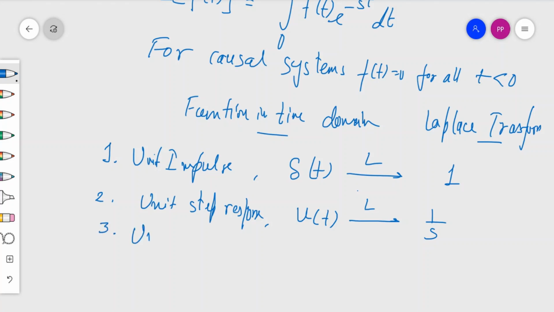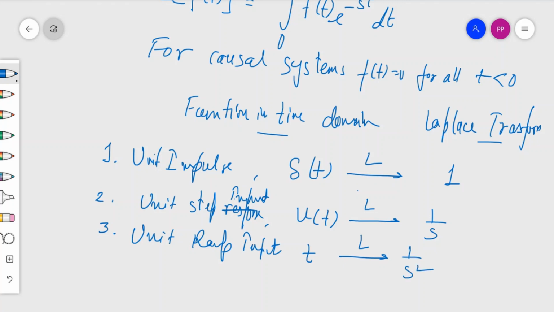Then the unit ramp input, which is t, and its Laplace transform is 1 by s square.